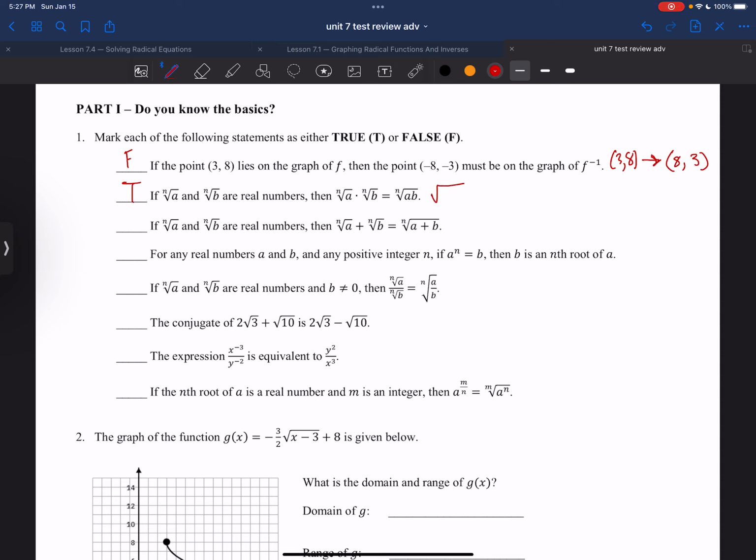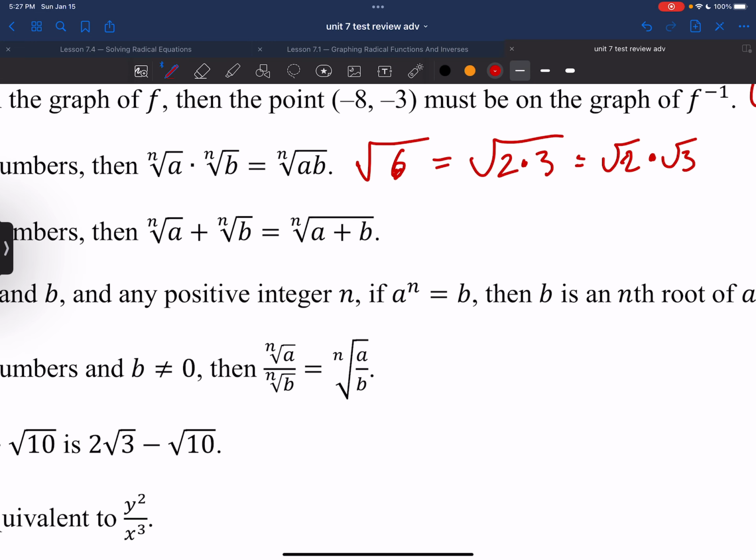Like the square root of 6 equals the square root of 2 times 3, which equals the square root of 2 times the square root of 3. We've been using this property since Algebra 1, because you do some simplifying radicals in Algebra 1. Sorry, I'm just rewriting that 6. Yeah, that's true.